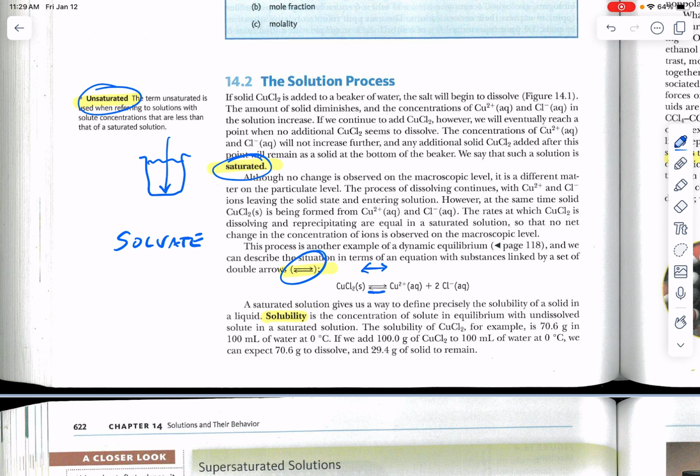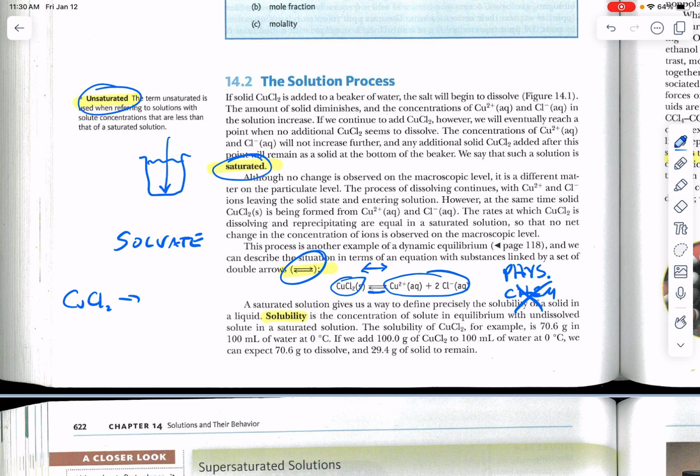It means you have not only solute, but you also have the dissolved part. And please remember that this is a physical change. This is not a chemical change. In other words, we are not decomposing a metallic chloride into some other substance.